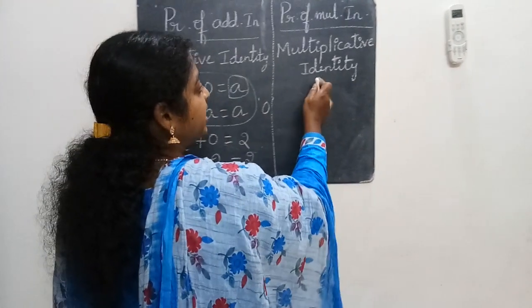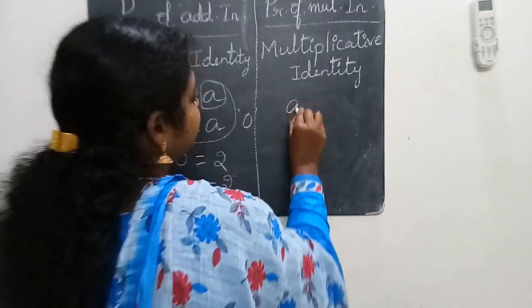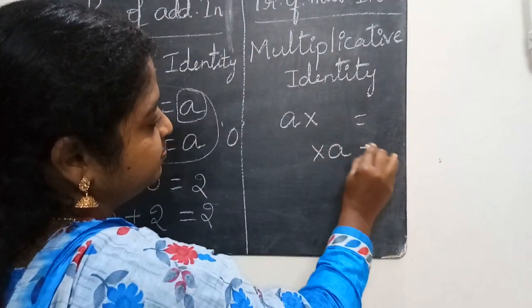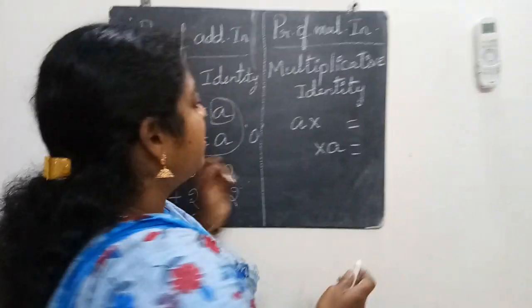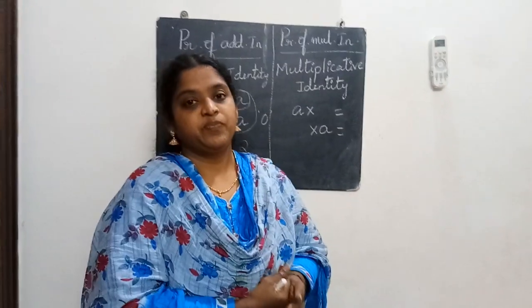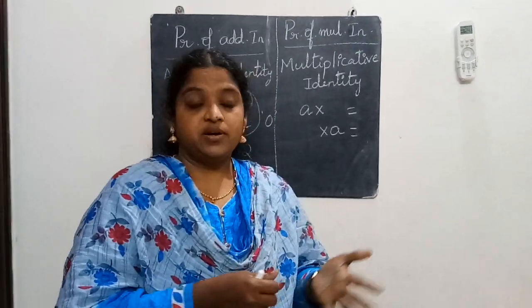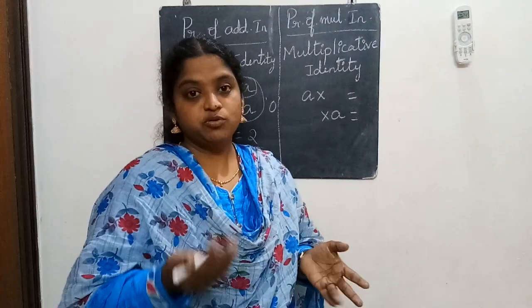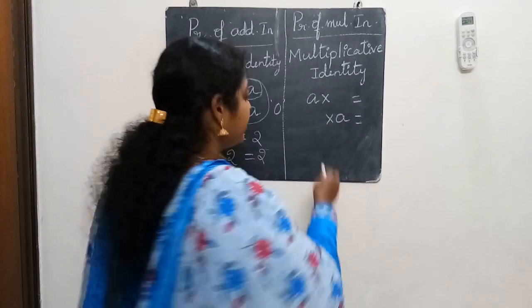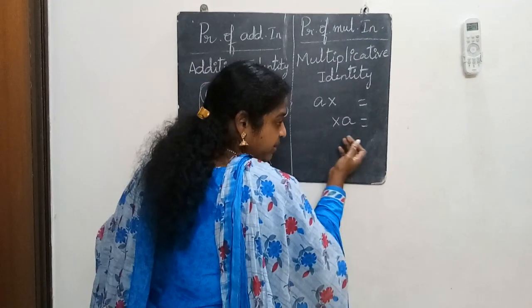And here, multiplicative identity. You will get one idea, correct? A into 1, and here 1 into A. What is the answer? Just guess and tell me. When you multiply one number, you get another number. For example, the 2 table: 2 2s are 4, 2 3s are 6, 2 4s are 8. So it will be another number, the integers keep changing.